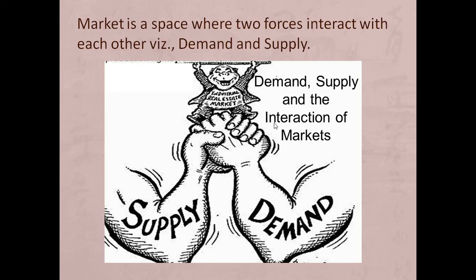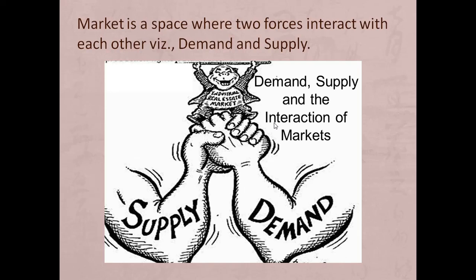You must have noticed that whenever there is a football match, within the limit of the football ground, the two different teams interact with each other, who can score the maximum and win the match. Similarly, in this market, the two forces, demand and supply, are always interacting with each other.